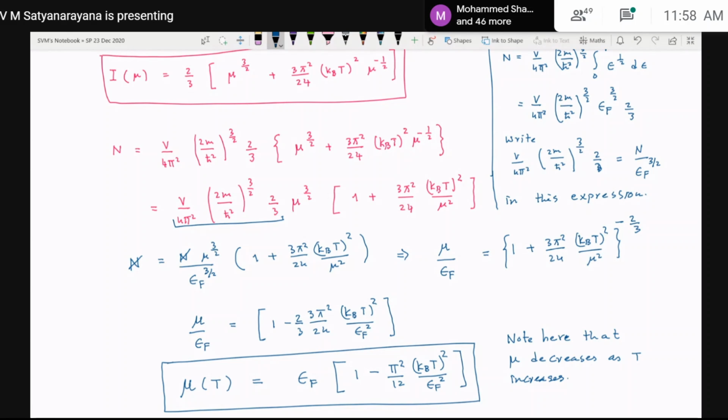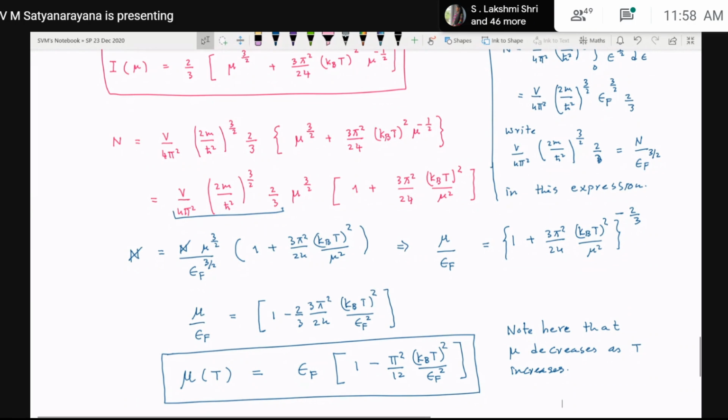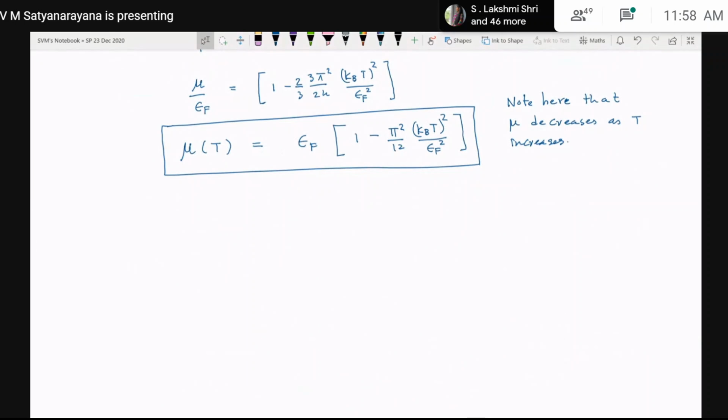So as temperature increases, the chemical potential decreases. And of course, classically, the chemical potential will be negative. It will start from some positive value, cross 0, and then become a large negative value. That is why, if you remember, the chemical potential varies from minus infinity to plus infinity. This is very important to understand, that this is how we get the temperature dependence of various physical quantities.